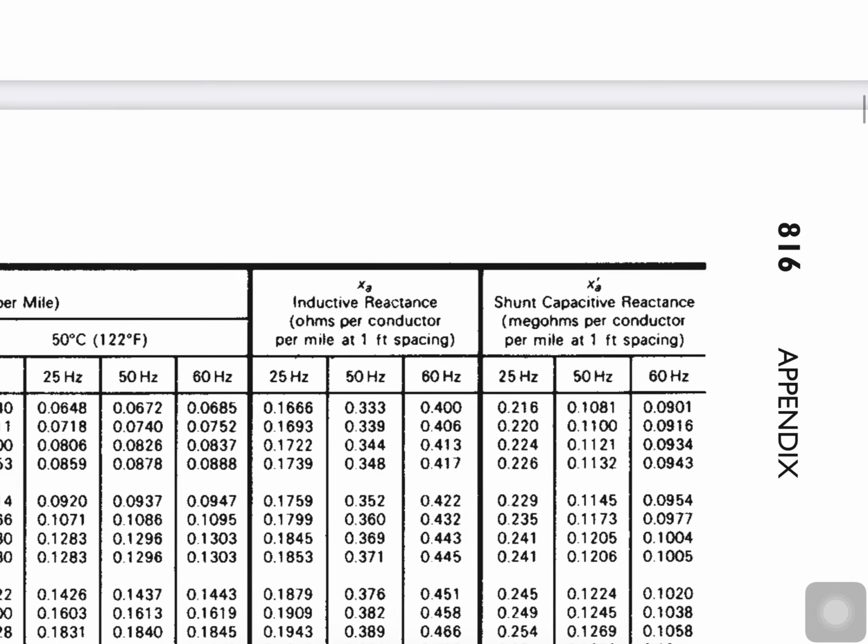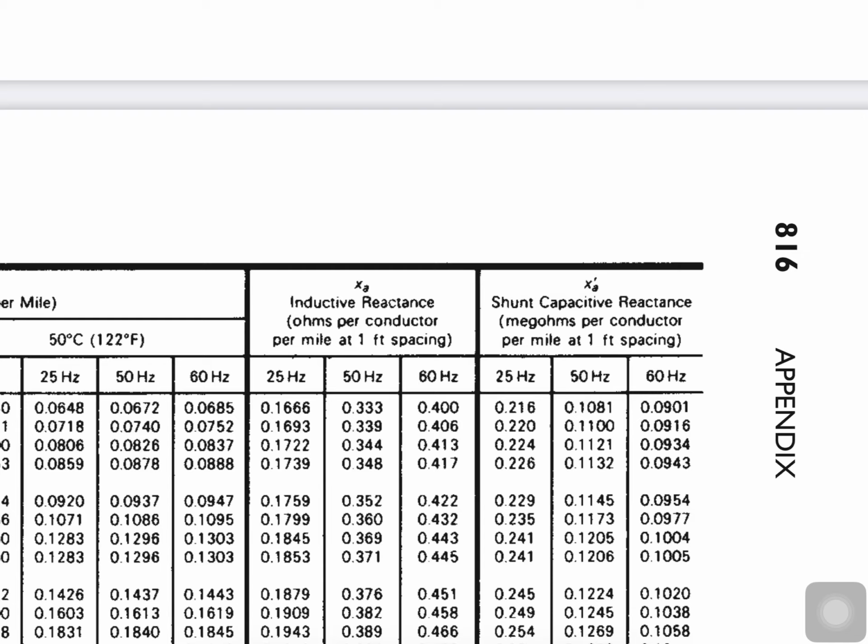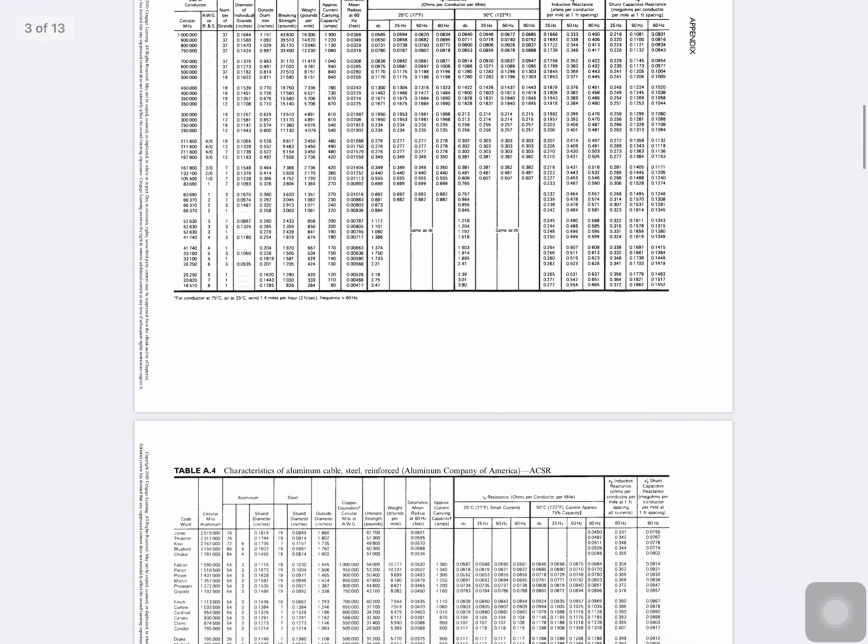And there are also the inductive and shunt capacitive reactances, which again will be used later. Okay, so that's for the copper.